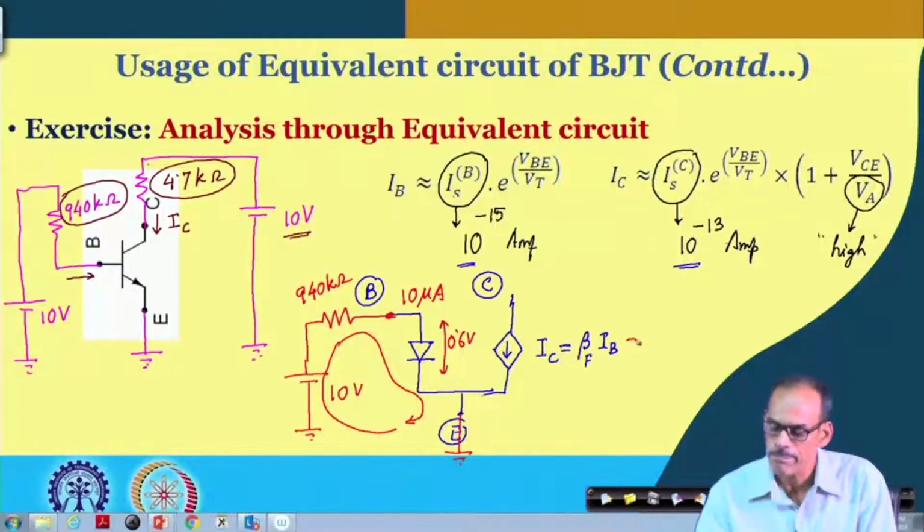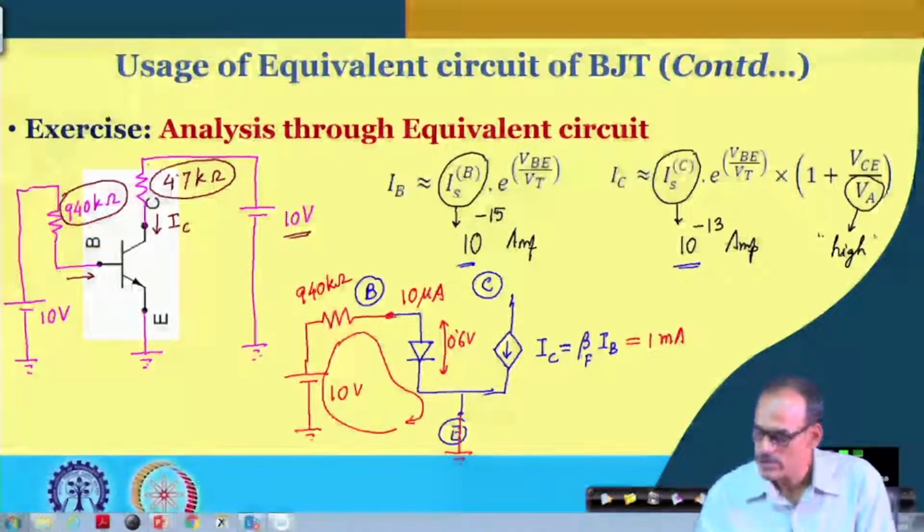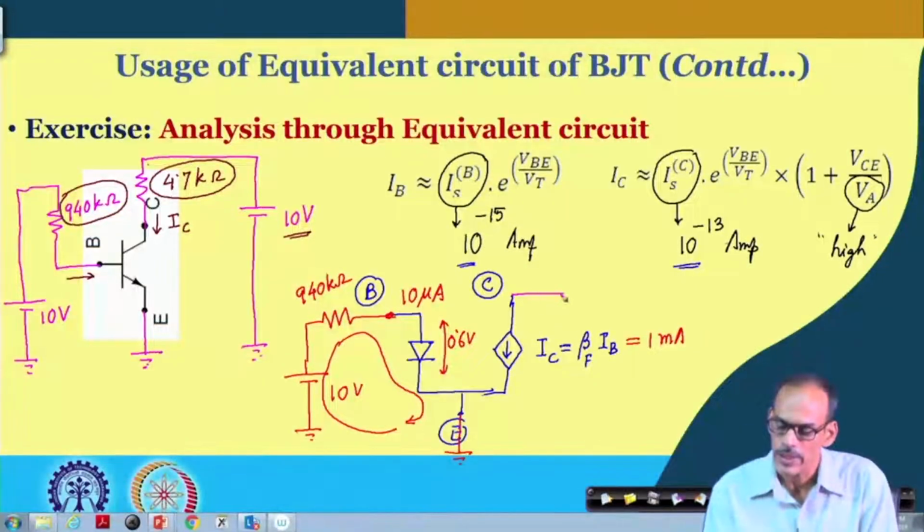It is approximately 1 milliampere, assuming that this is properly biased. So, on the collector side, we have the 4.7 K, and then we have the 10 volt connected here.